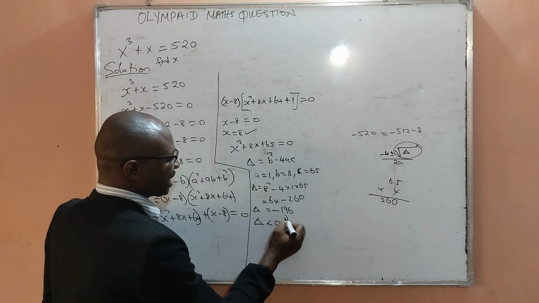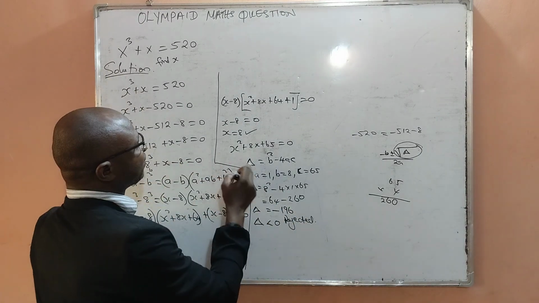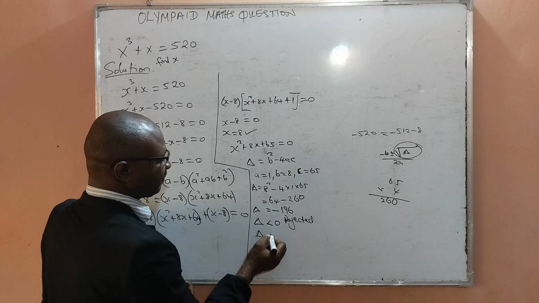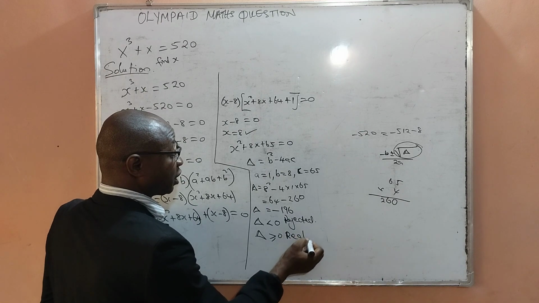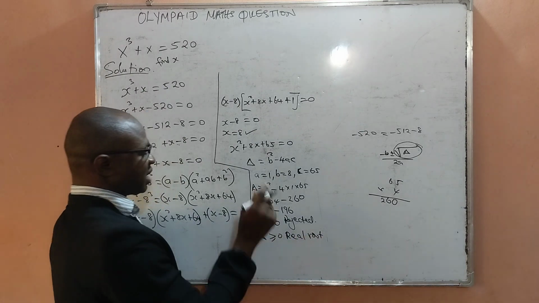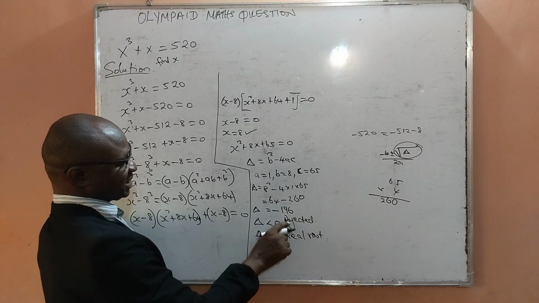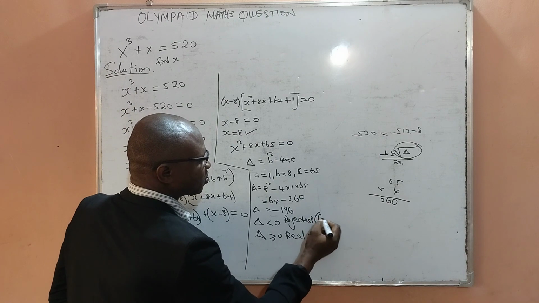This is going to be rejected. It can only be taken if the value of delta is greater than or equal to 0. That is when it will be a real root. Otherwise, because here minus 196 is less than 0, it is complex. This is a complex root.